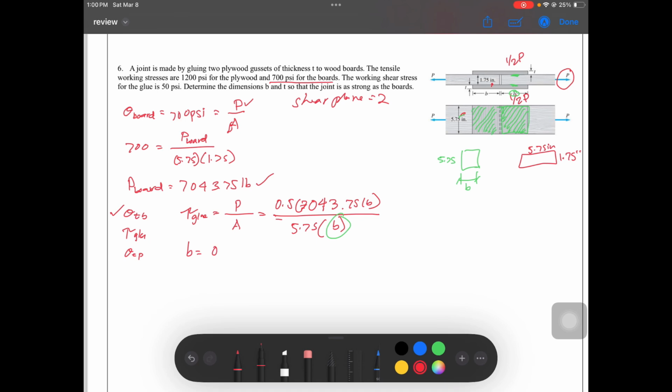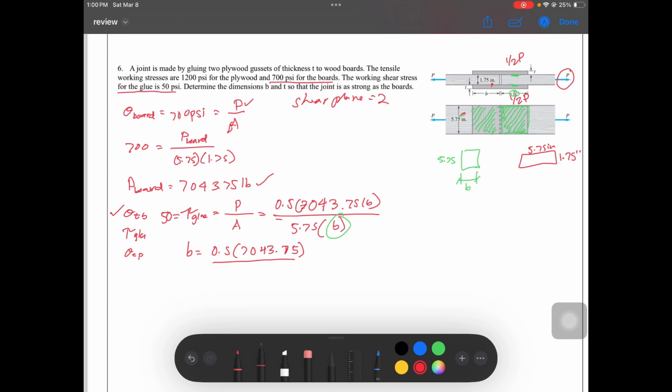So, B will be 0.5 times 7043.75 pounds all over yung shear stress ng glue, which is 50.